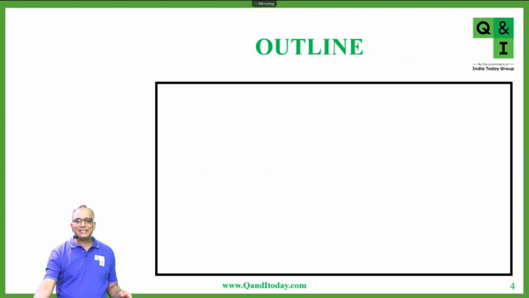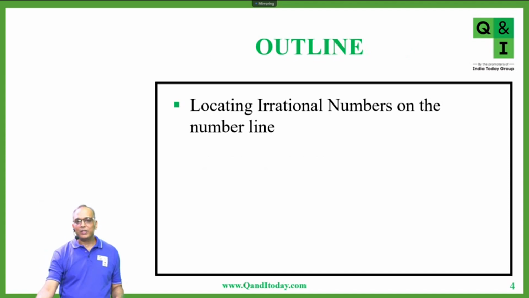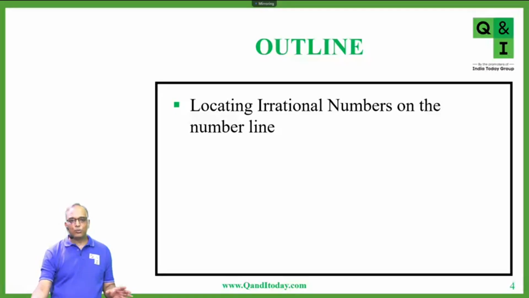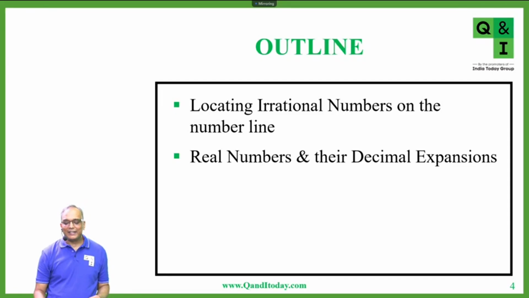In today's lecture we are going to locate irrational numbers on the number line, so we'll do a few questions based on that. And real numbers and their decimal expansion. What is the decimal expansion of a rational number? What is the decimal expansion of irrational numbers? This is what we are going to do in today's lecture.